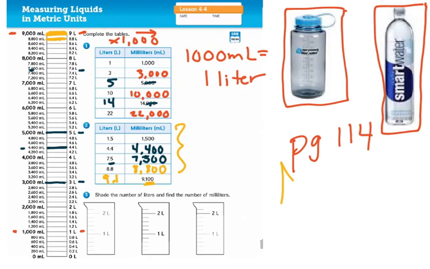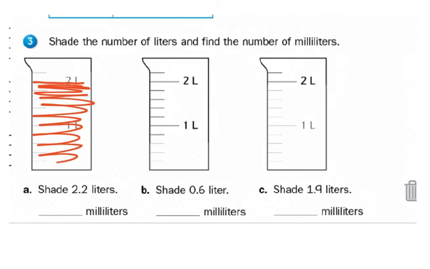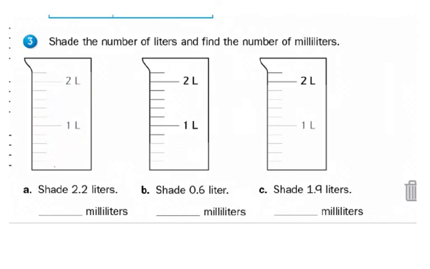Number 3 says to shade the number of liters and find the number of milliliters. So I'm going to go to the next page so I have my lines, and I'm going to shade 2 2/10. So I'm going to shade up to 2. And if you notice, before I shade that, this would be 2/10, 4/10, 6/10, 8/10, and 1 whole. 1 2/10, 1 4/10, 1 6/10, 1 8/10, 2 wholes.